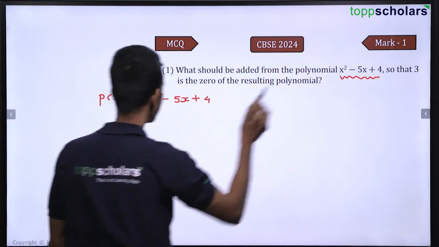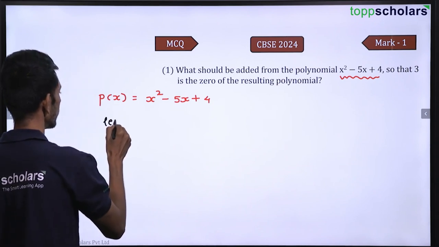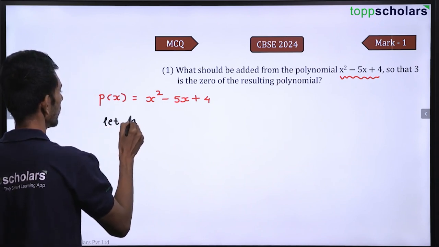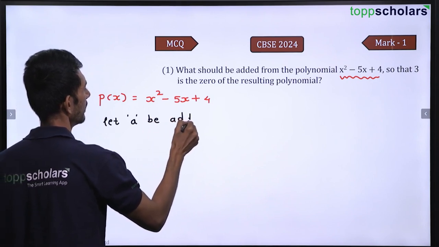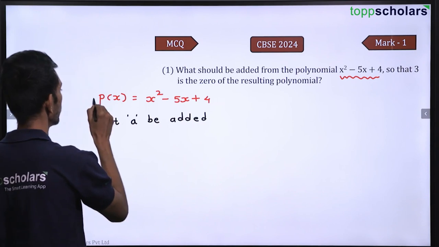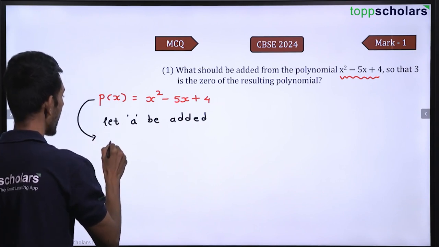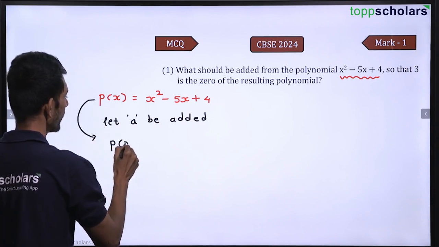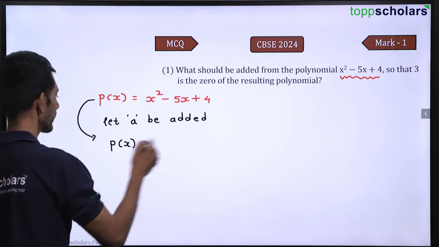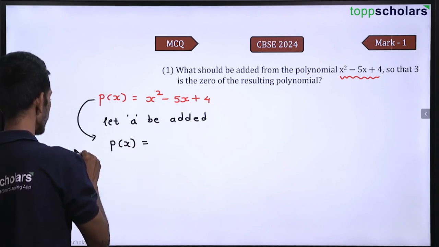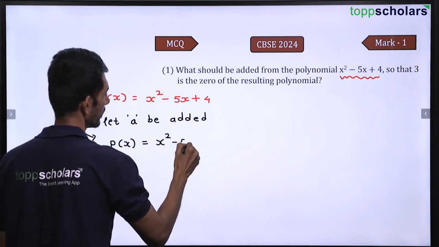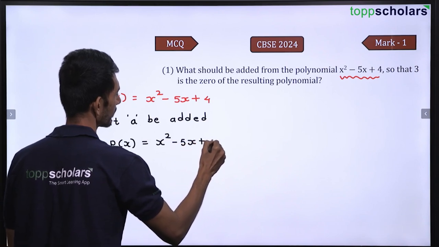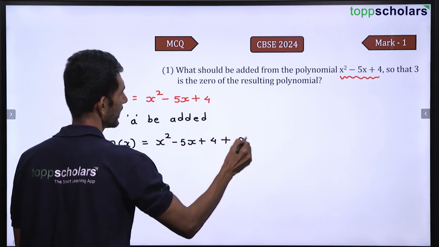So as of now, let's say let a be added. Let a be added, right? So p of x is already there. So new p of x becomes x square minus 5x plus 4 plus a.